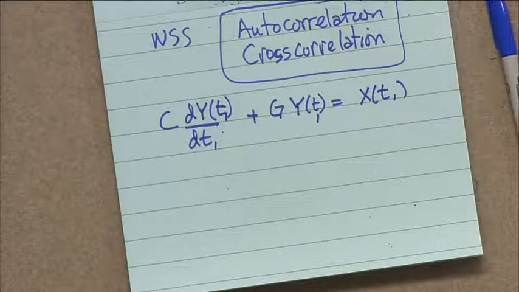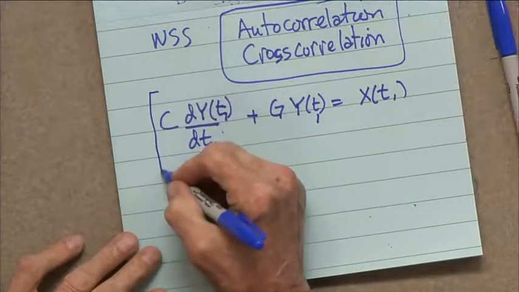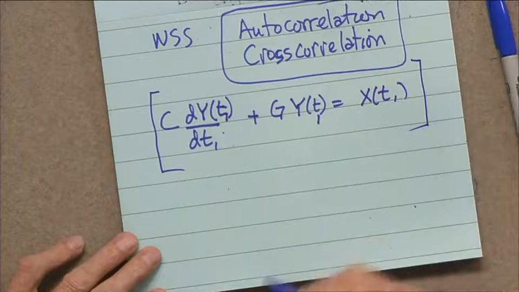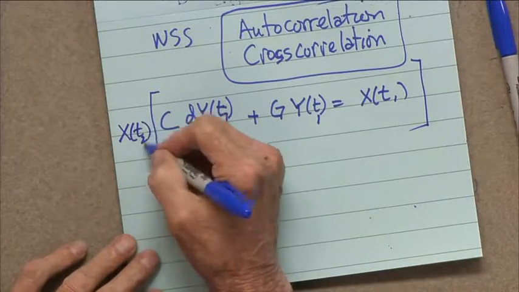Now let's multiply this whole thing by X of T2.